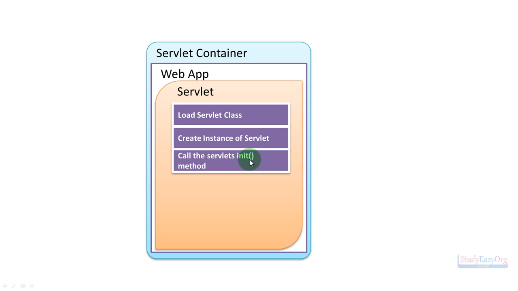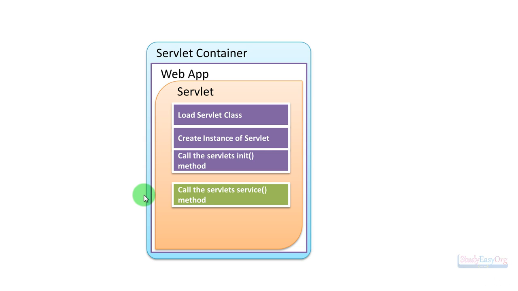Now a user can make a request and your web application will serve it. Once we make an HTTP request, a method by the name of service gets called by the web server. So whenever an HTTP request is made to the web server, this service method is called, and it is called every time a request is made.